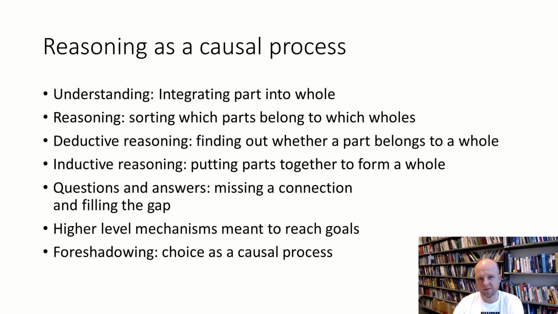But if you don't, then you either don't understand it, or if you put it in the wrong place, then you misunderstand it. And so the suggestion here is that reasoning is about sorting which part belongs to which wholes. That is what we do in general when we are reasoning. So we're trying to put parts into wholes in our brain, which matches how parts fit with wholes in the world, so as to get a correct understanding of the world.